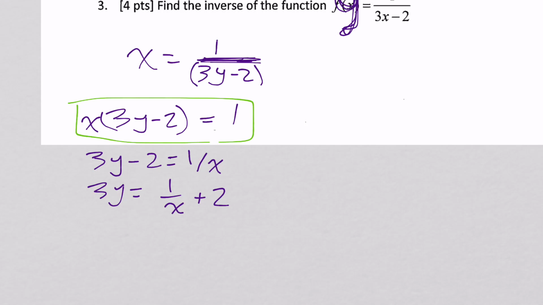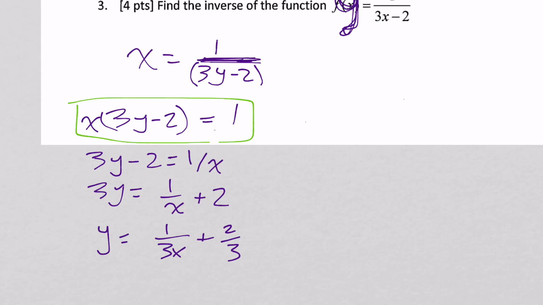All right, now the final step would be to divide by 3, so y equals, how do you do that here? Well, that's just like saying 1 over 3x plus 2 over 3. I'm distributing a 1/3 to both of those terms. That's one way you can think about it.